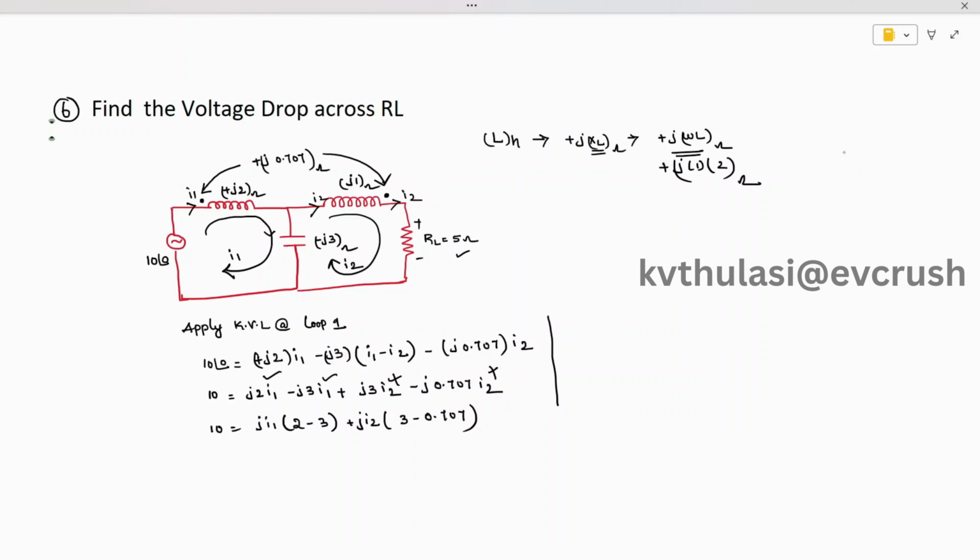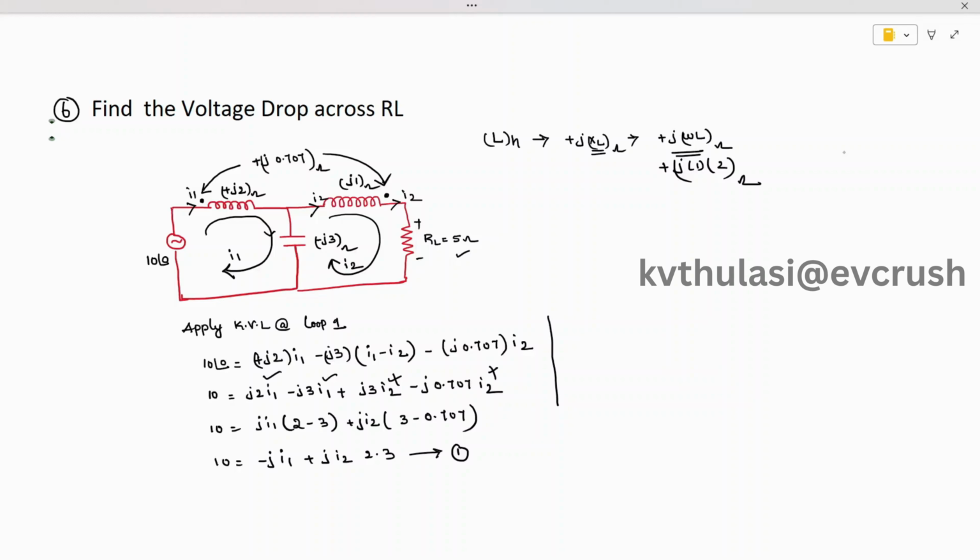Okay, therefore you are going to get 10 is equal to minus j I1 plus j I2 into 2.3. So let's assume it as equation number 1.